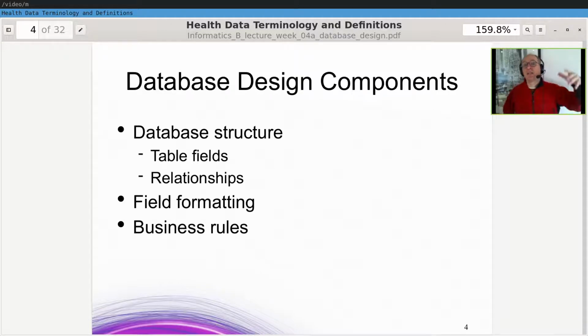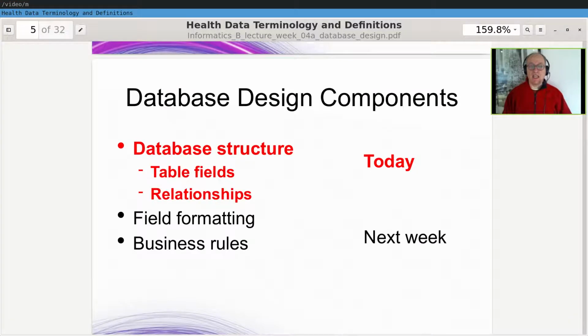The relationship between TDIAG1 and code ID in the diagnosis table, TOPR1 and code ID in the procedure table. Those were the implicit relationships. But it's good to think about what are the proper relationships. What should we name them? How should they join up together? And then finally, you want to be able to format your fields. You want to be able to have rules to say this data has to be this kind of thing. And we're going to talk about that in the next lecture. Today is these things. The next week is that stuff.